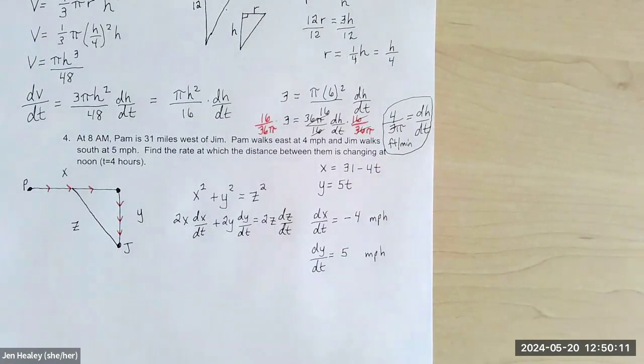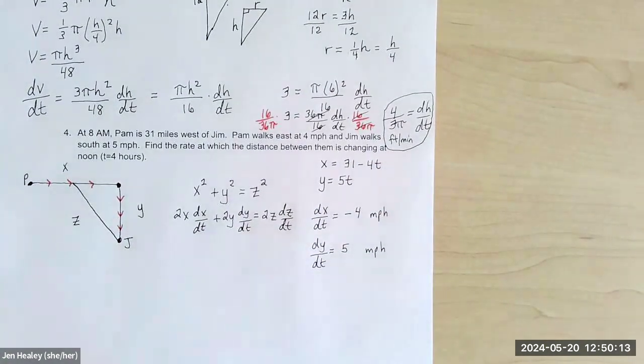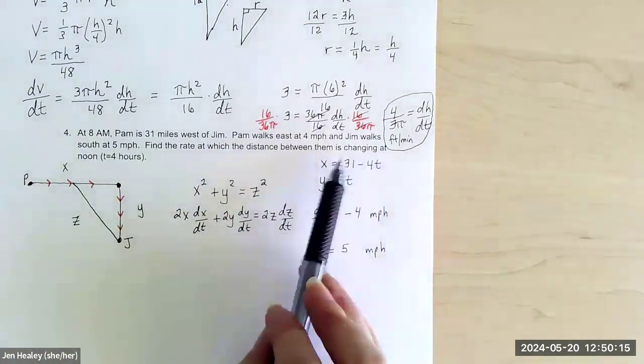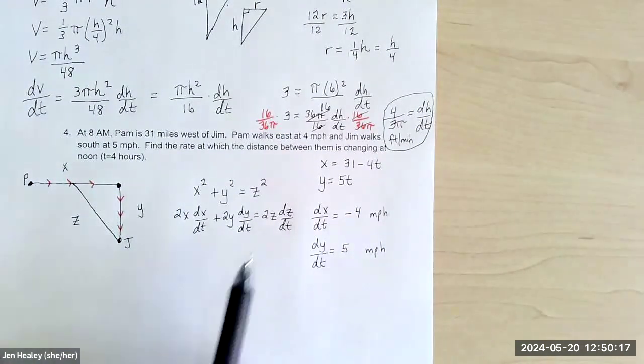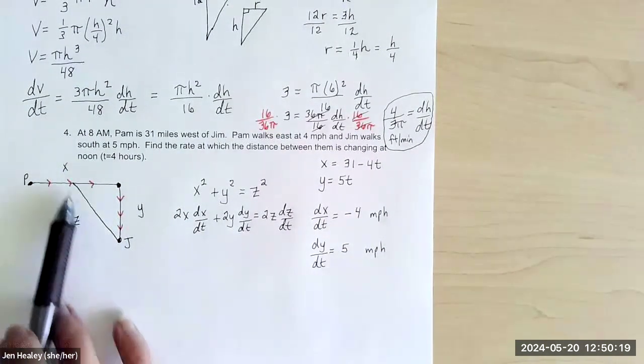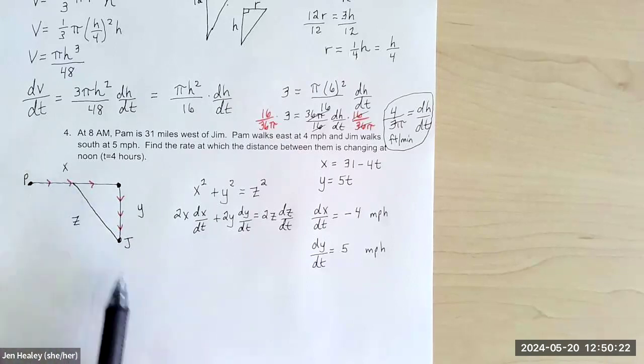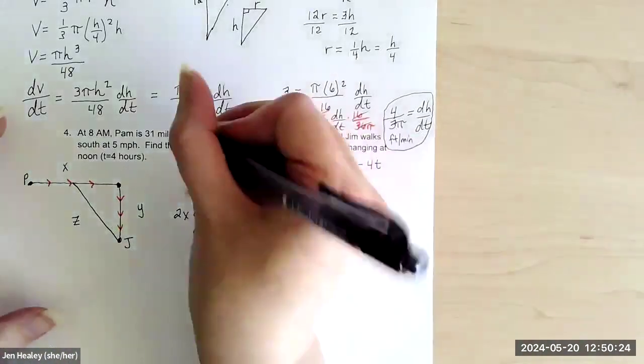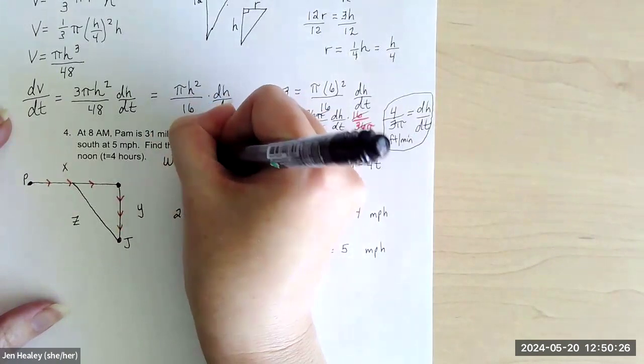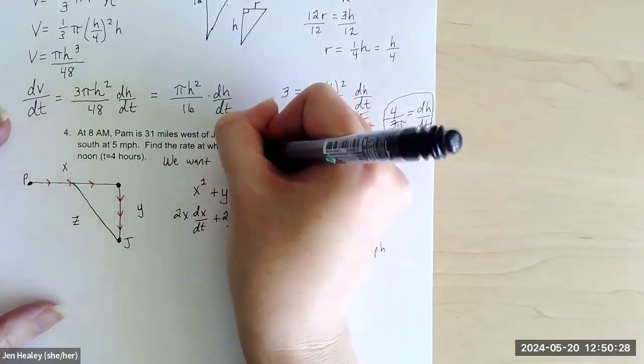And ultimately, they're saying find the rate at which the distance between them is changing. They're asking you for your dz/dt because that's the distance between them. So we want dz/dt.